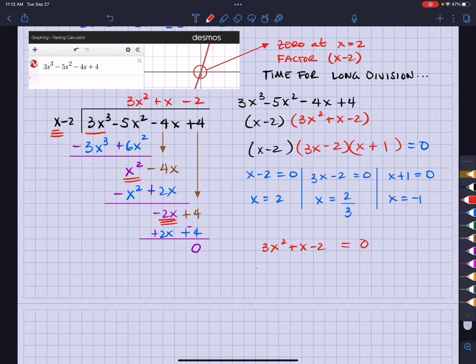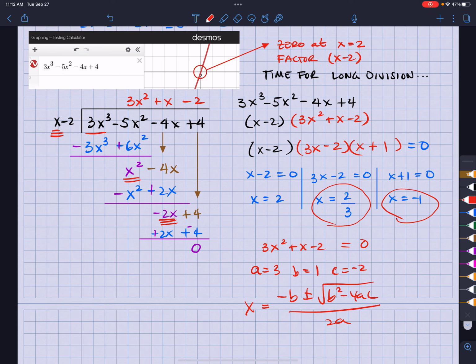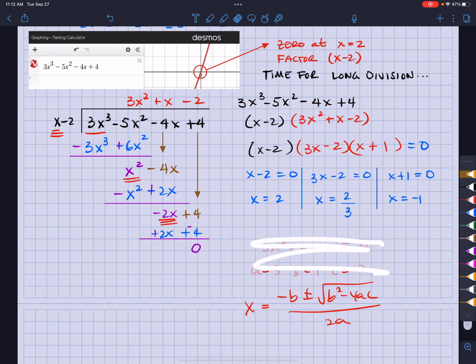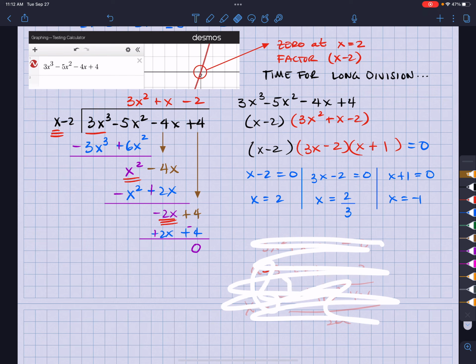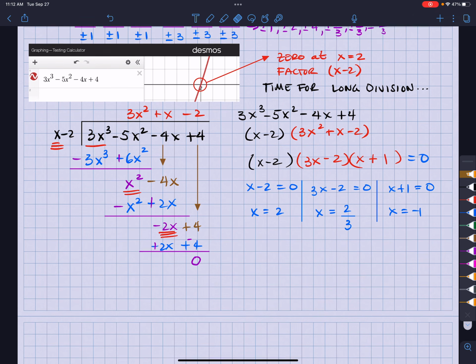A is equal to 3, B is equal to 1, and C is equal to negative 2. You can go right into the quadratic formula and work everything out, and you'll get these two as your results. Okay? So do you have to factor? No. But if it's factorable, it's probably quicker to do so, but you don't necessarily have to.